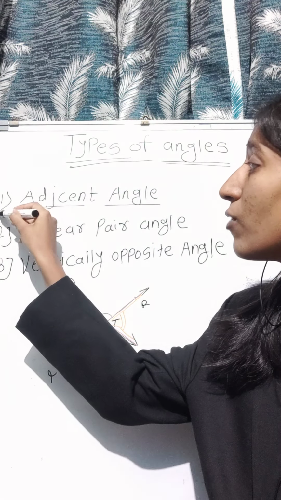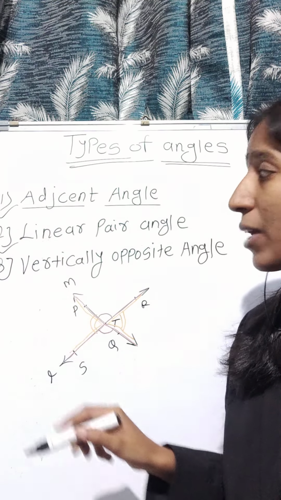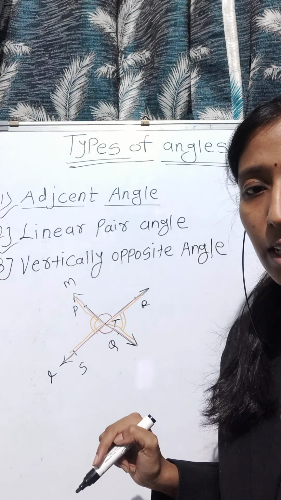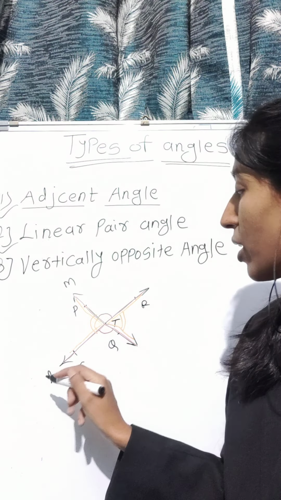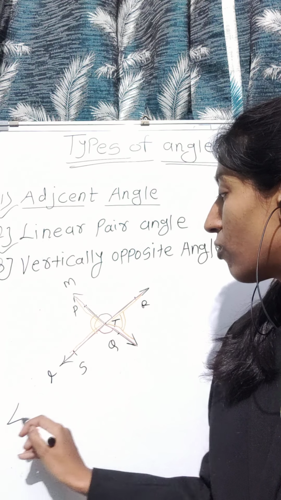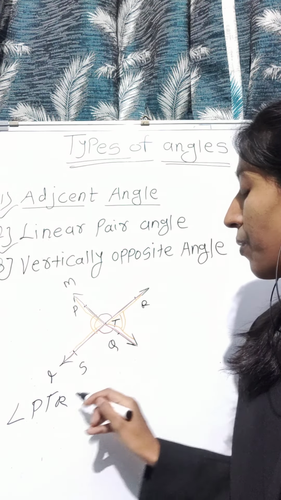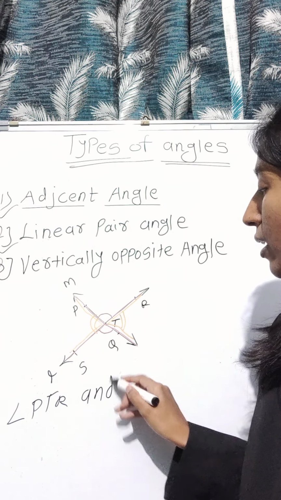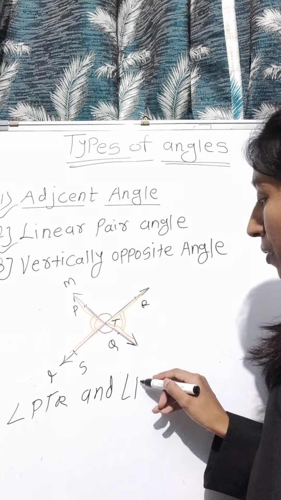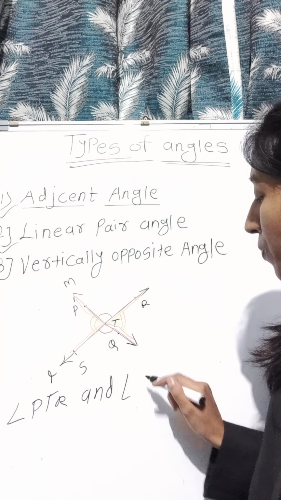Previously we were getting only one pair. In adjacent angle and in linear pair angle, we get only one pair of angles. But here we get two pairs of vertically opposite angles. First one is angle PTR and angle STQ.